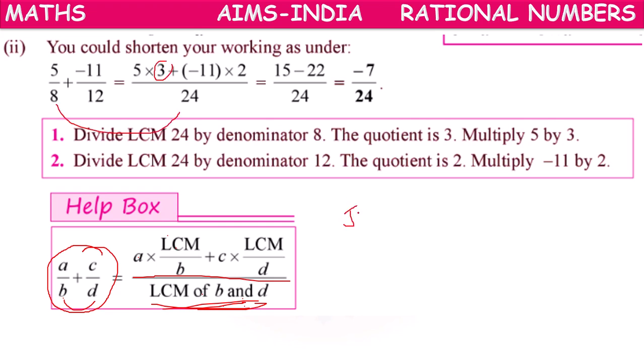How did we get this 3? 5 into 24 by 8, LCM of 8 and 12 by 8. So here also c into LCM by d. Like this we can write.